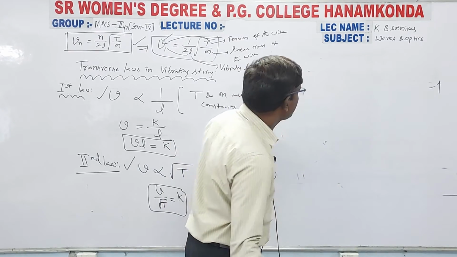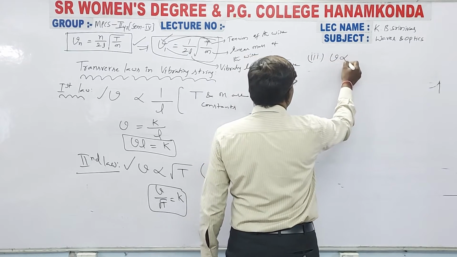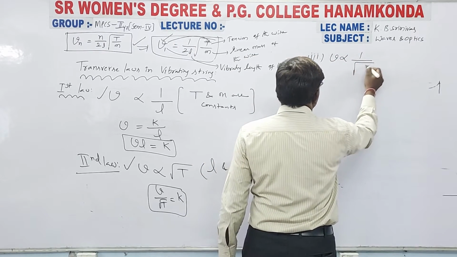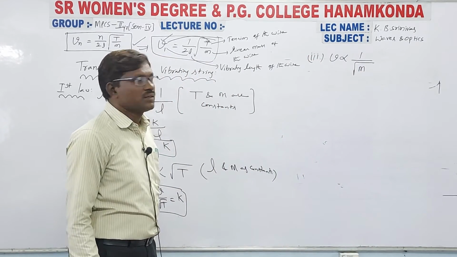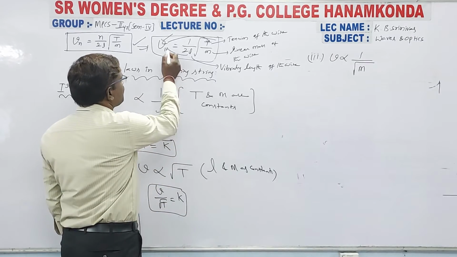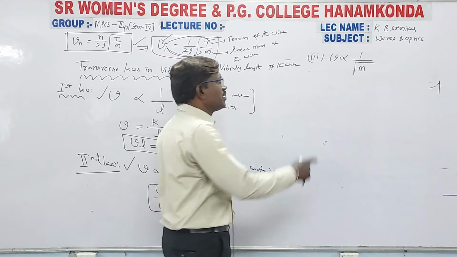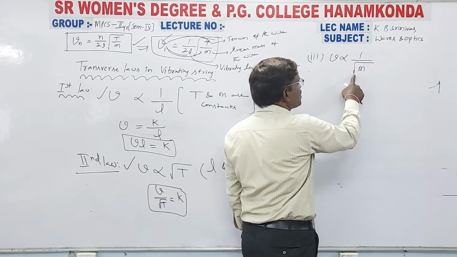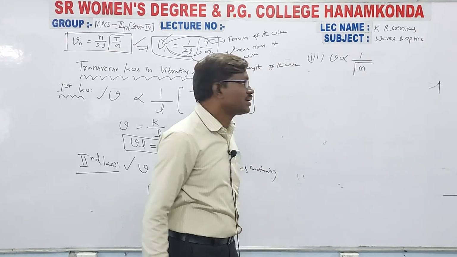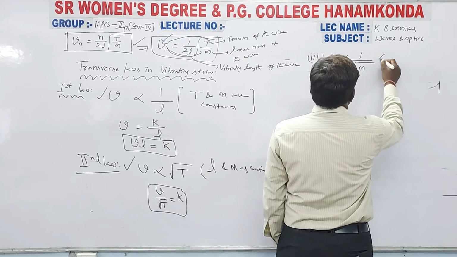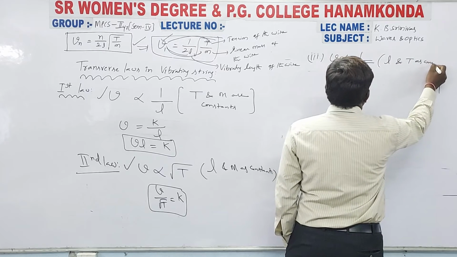The frequency of the wire is inversely proportional to the square root of linear mass density of the wire, keeping length and tension of the wire as constants.